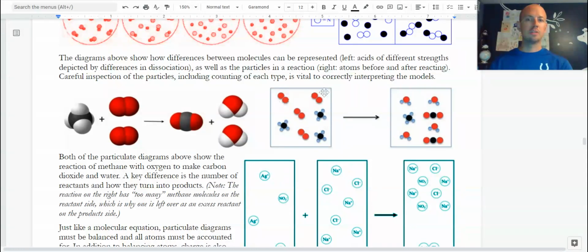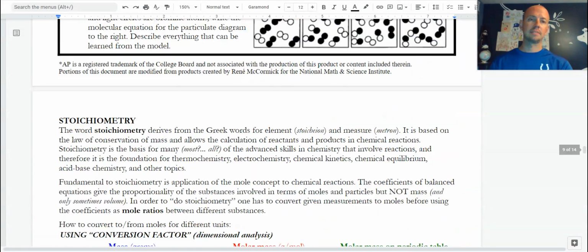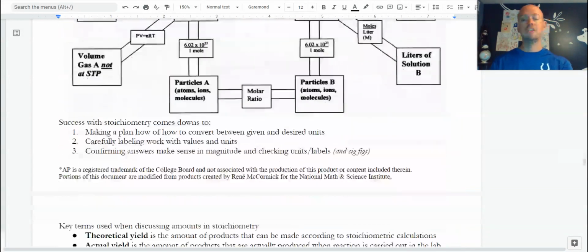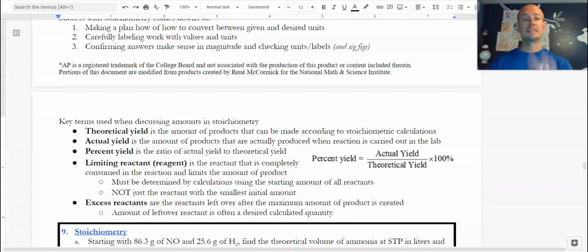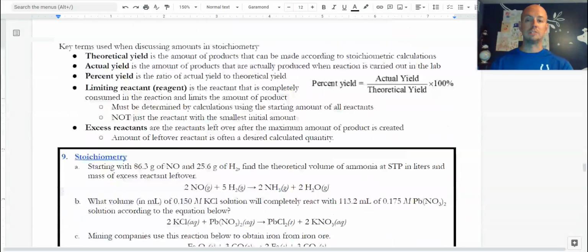Oxygen, even though there's more of it, was the limiting reactant, and methane, even though there was less of it initially, I didn't need as much, so it was the excess. So I can figure out what is limiting and what is excess by calculations, or sometimes even looking at a diagram, but then I can also calculate how much is left over.